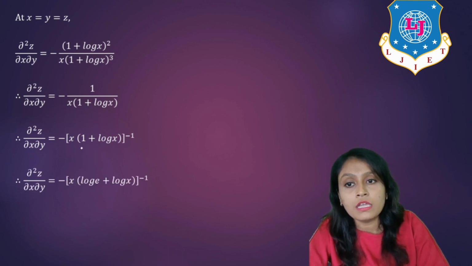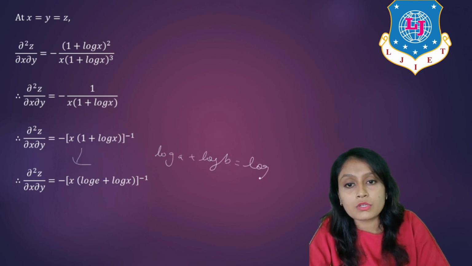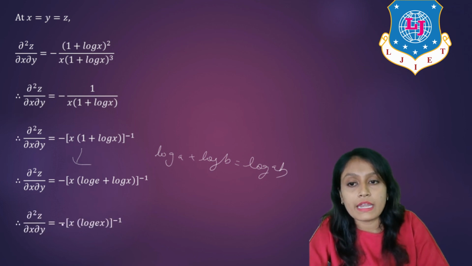Okay, further in place of 1 we will write log e. Okay, so we know log e base e is 1. So in place of 1 just write down this term. Now we have to apply this formula, that is log a plus log b is what? Log ab. So apply this formula. So here you will get del square z by del x del y as minus x into log ex whole raised to minus 1, which is the required solution.